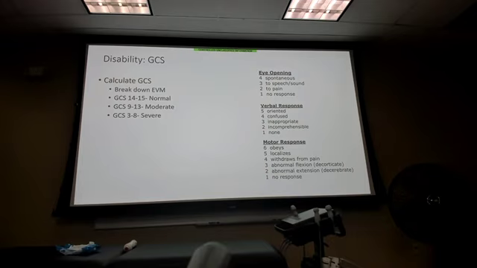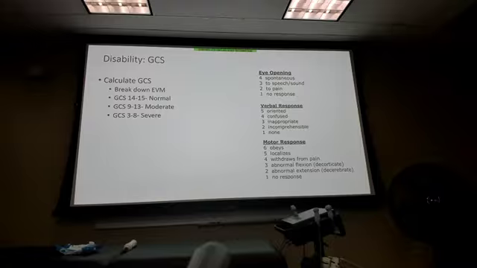All right, GCS. This is not the first time you've seen this. You will be required to know this and, given a patient description, accurately tell me what the GCS is. Just remember that if you have somebody who's intubated, there's a T at the end.